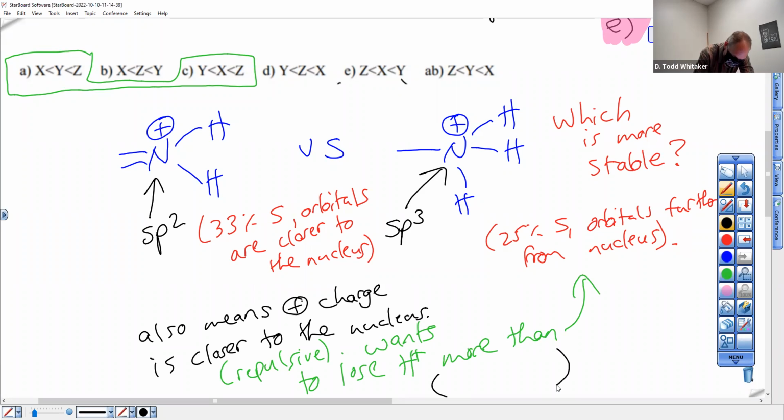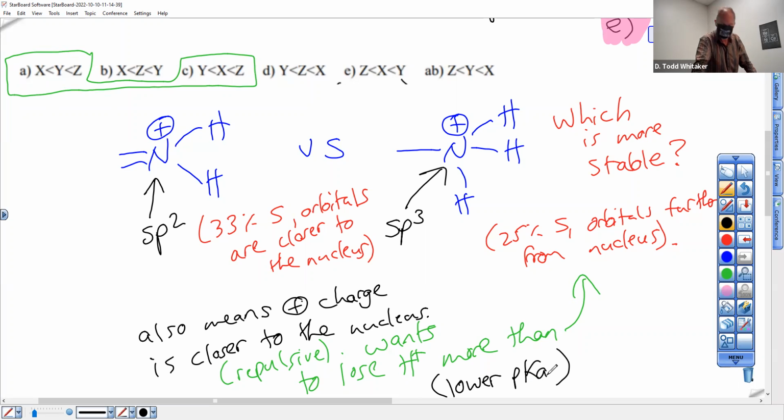When you're a stronger acid, is it a lower pKa or higher? Lower pKa means stronger acid. Lower pKb means stronger base. Lower pKeq means equilibrium goes more that way, to the right. Okay. All right.